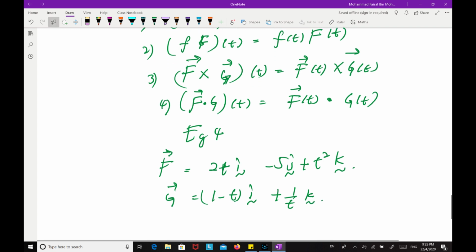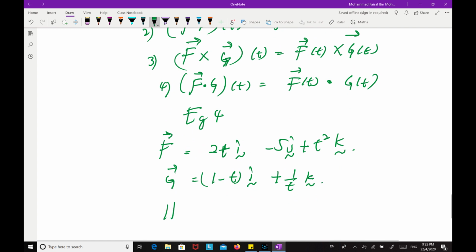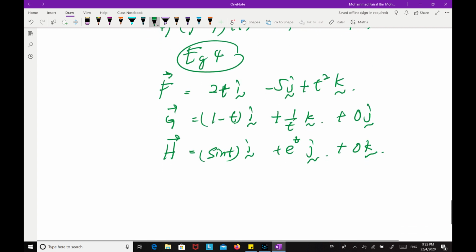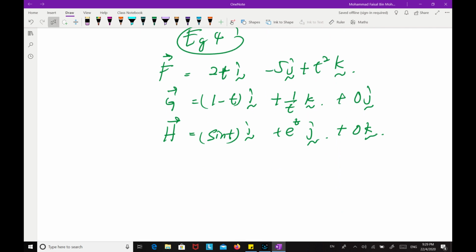Okay, and then vector h will be sine t i plus e to the power of t j. Okay, this is 0j and then this is 0k. Okay, fine.